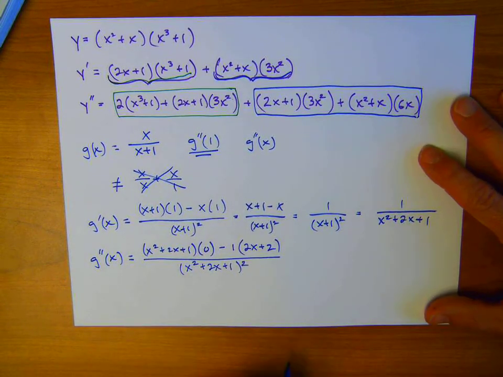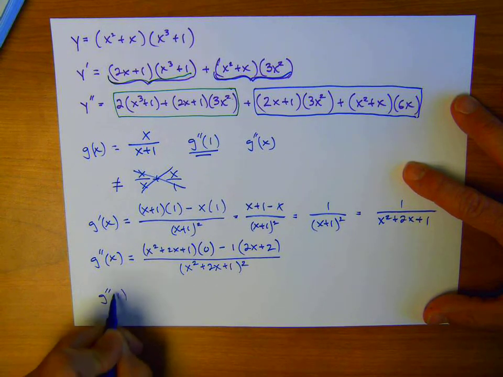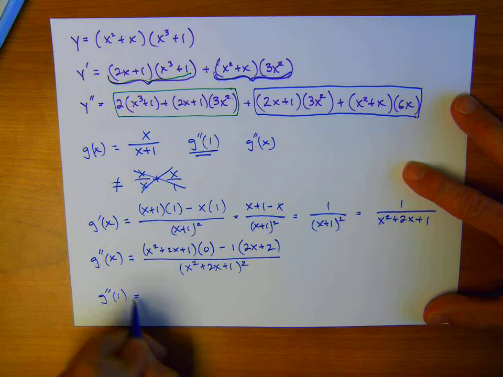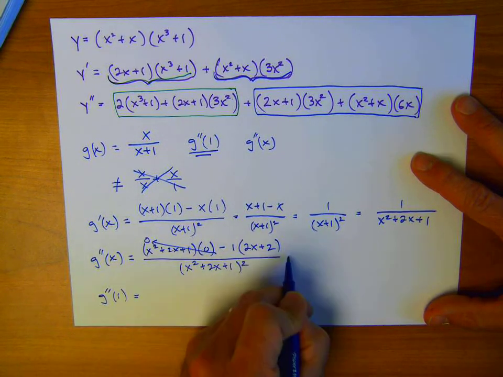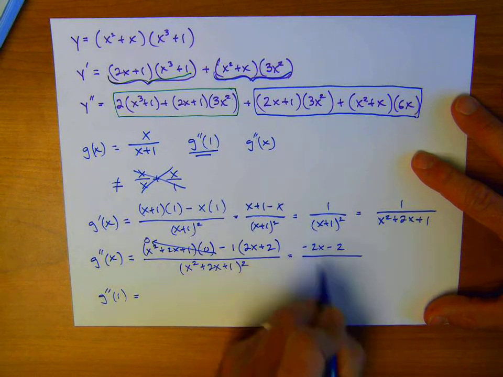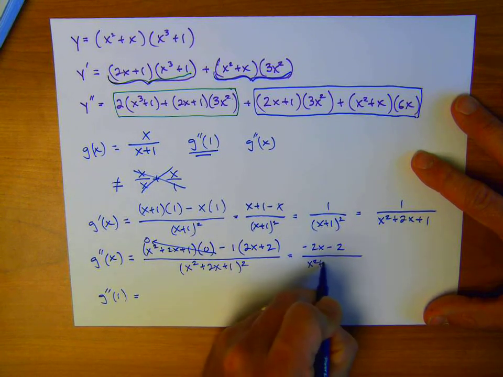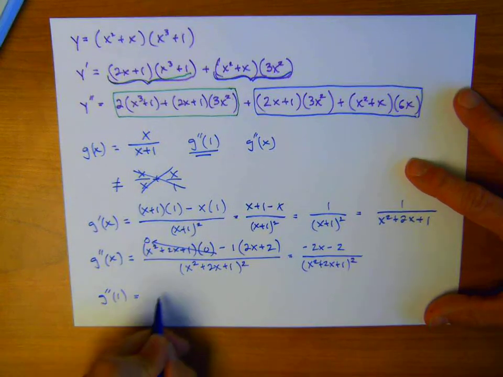So let's simplify this a little bit, because ultimately I want to find g double prime of 1. All right. Well, this is just 0, and then I can distribute that negative, so I have minus 2x minus 2 over x squared plus 2x plus 1 squared. Now let's go ahead and substitute 1.